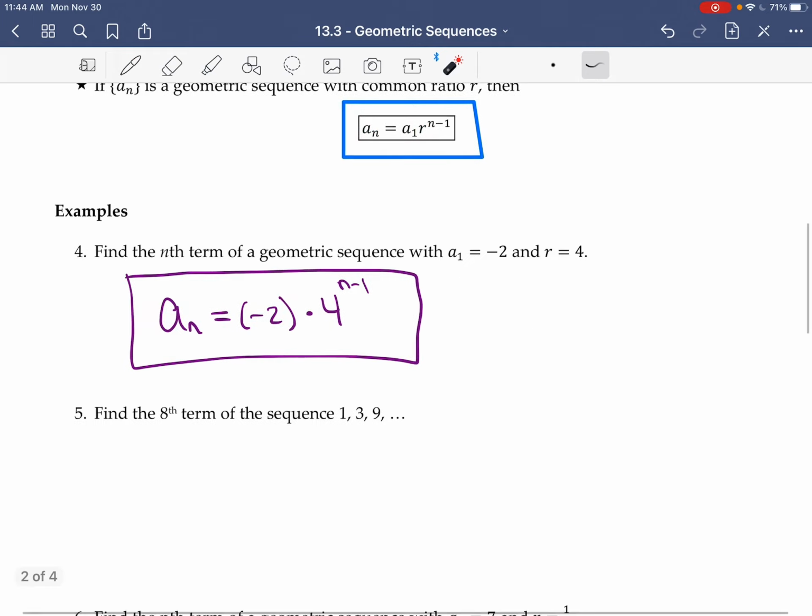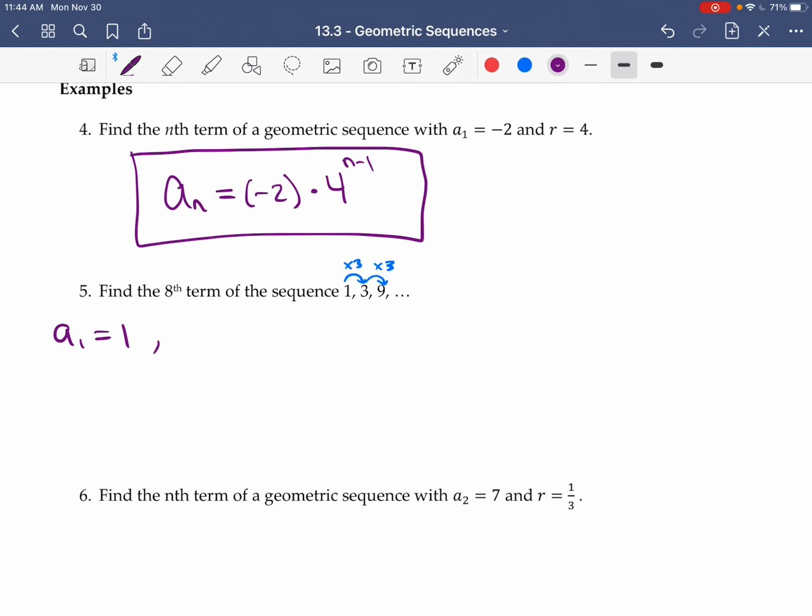To get from 1 to 3, I multiply by 3. To get from 3 to 9, I multiply by 3. So my ratio, you could also do r as 3 over 1, dividing the two terms. The r is going to be 3.